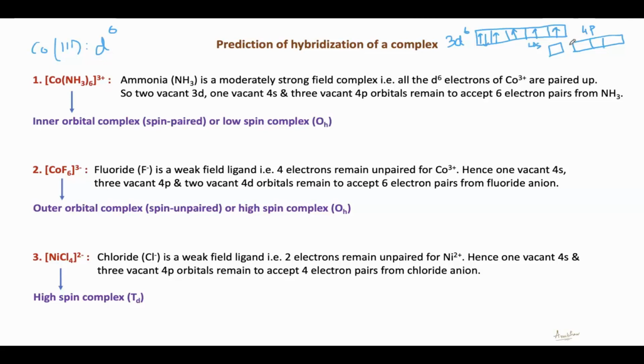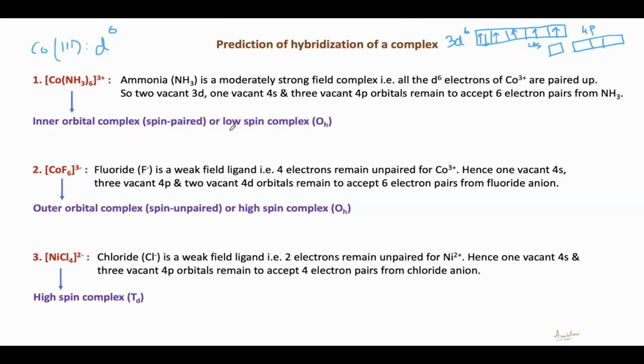Now, ammonia is the ligand over here. When we talk about the spectrochemical series or the field strength of the ligands in later classes, I will be discussing the nature of the ligand. For the present scenario, you have to remember which are the strong field ligands and which are the weak field ligands.